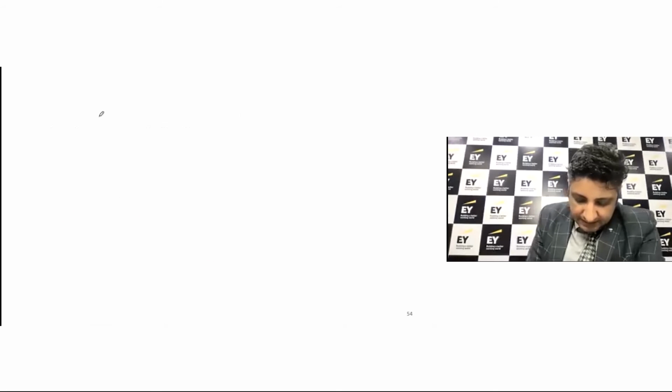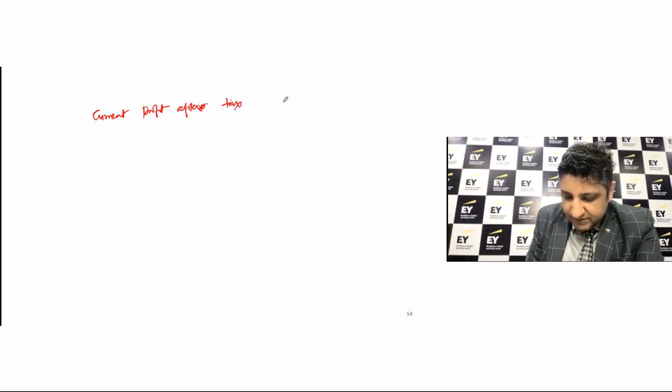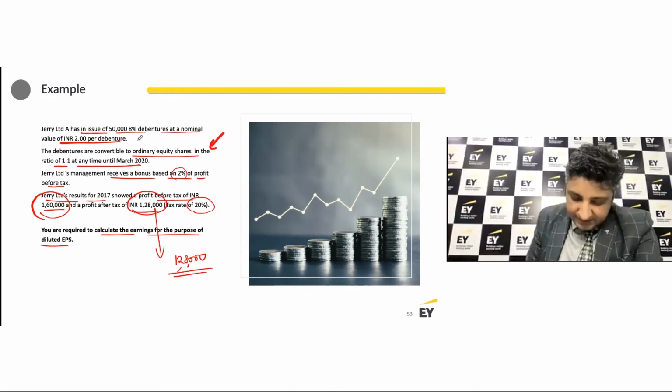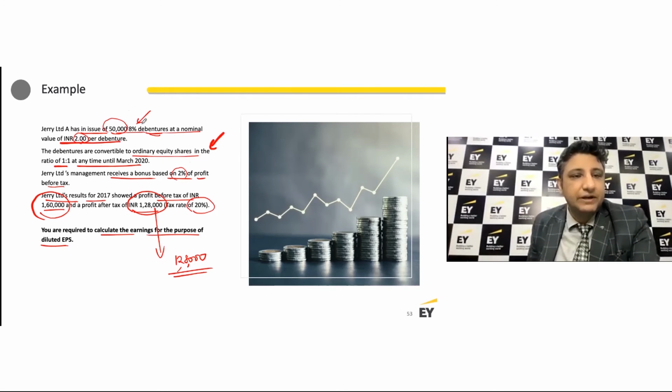We are saying that the current profit after tax, which is 1,28,000, had this conversion taken place, we are saying there are 50,000 debentures of 2 rupees value being paid an interest of 8%.